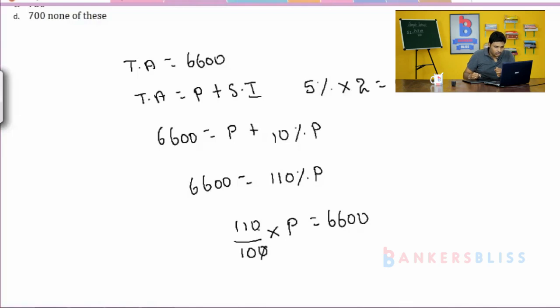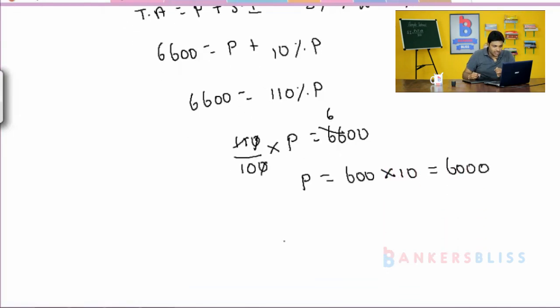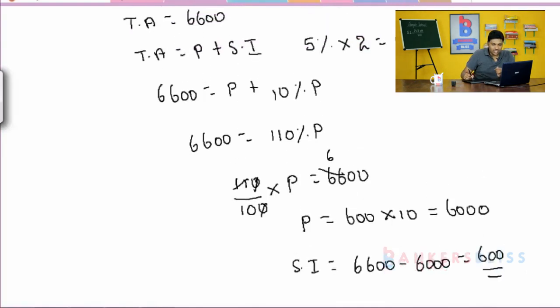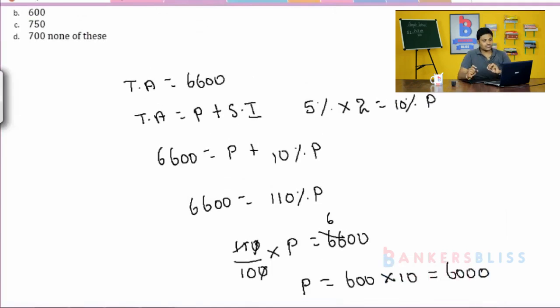So 11 6s are 66. So principal amount is equal to 600 into 10, which is equal to 6,000. Therefore the simple interest is equal to 6,600 minus 6,000, which is equal to 600.